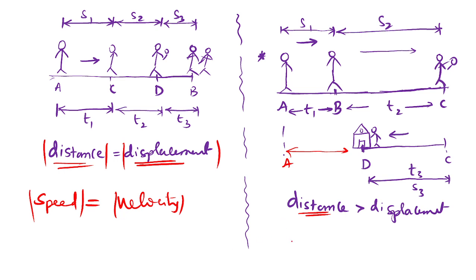But what about this one here? Speed will be a little bit greater than the velocity, because velocity also talks about the motion but takes a direction, whereas speed talks about motion only and takes a value. Yes or no? So we have to understand both of them: average velocity and average speed will be different for both cases. Clear? Are you clear now?